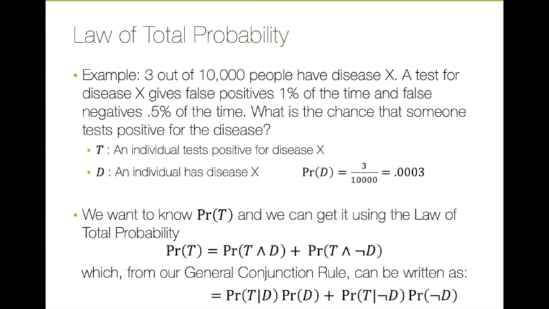The version of the rule that we're going to use, though, because it's the one that's in general more useful, is the bottom version with conditional probabilities. That's because, as we'll see in a second, the problem doesn't give us the information that we need to get the conjunctions immediately, but it does give us the information we need to get the conditional probabilities T given D and T given not D. Because we already have the probability of D, and we can easily get the probability of not D.